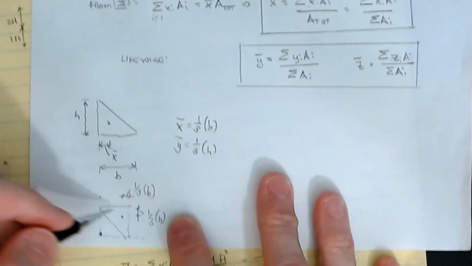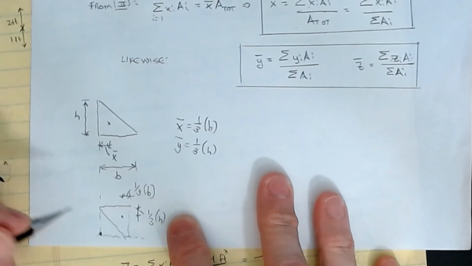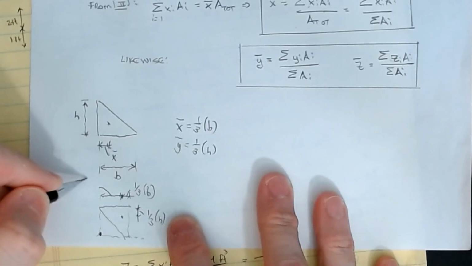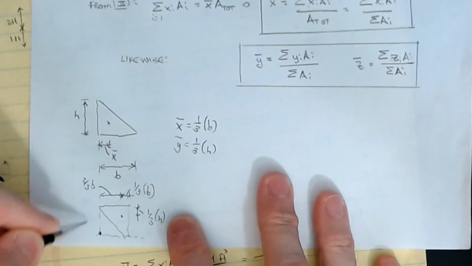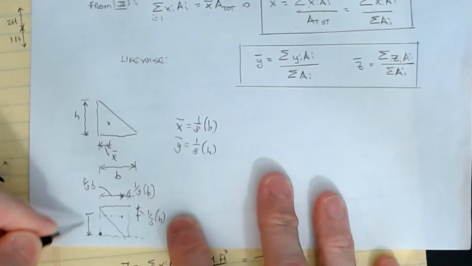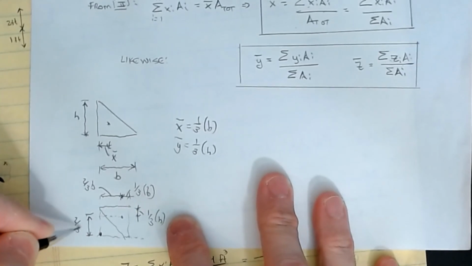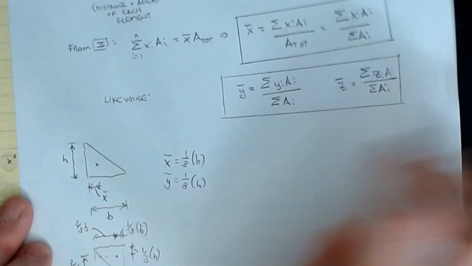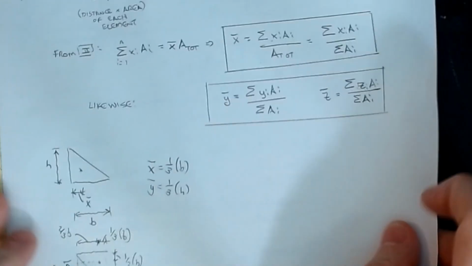You would have to subtract b minus the 1/3. So this dimension becomes 2/3 of b, and this dimension becomes 2/3 of h. So when we say it's 1/3, it's 1/3 from the high end, and sometimes you have to do this correction.